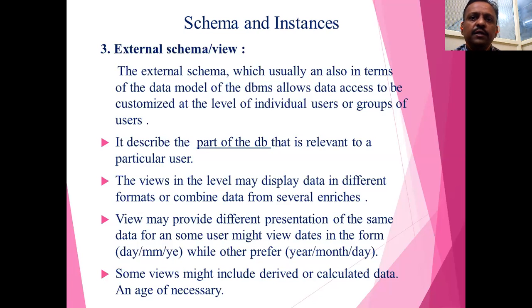Derived means through a particular variable, you generate another variable. Like suppose you have a birthday, so you can calculate the age of a particular employee from his birthday. That calculated value is called the derived attribute, or you can say derived value.